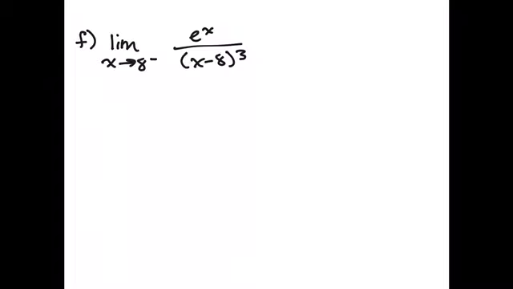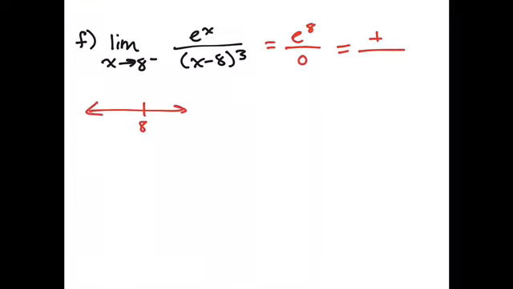Okay, for this one, coming at 8 from the left, if we direct substitute this in, I'm going to get e to the 8 over 0. Now my numerator is always going to be a positive number, right? 2.7 something raised to the 8th power. That's a positive number. 8 from the left, let's put that on the number line.